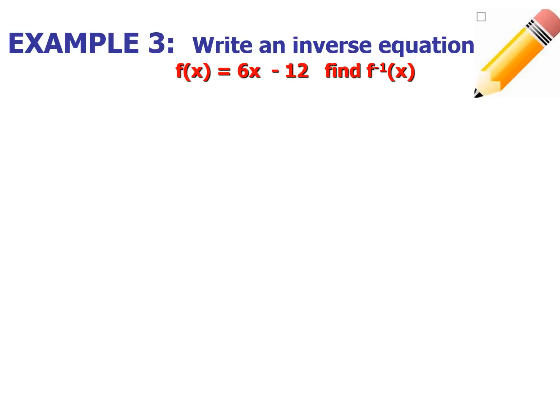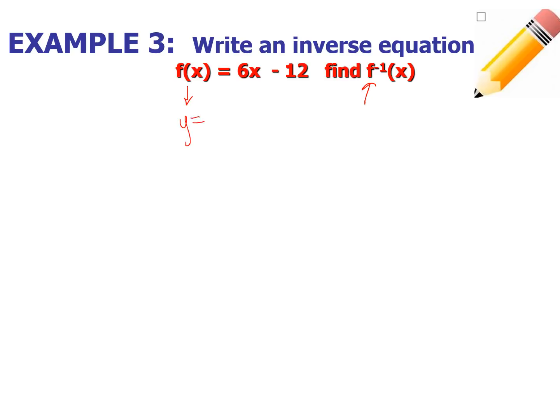So our function is f of x is equal to 6x minus 12, and we need to find the inverse. And I know, as much as I know about inverses, I have to switch the x and the y. That's what I've been saying repeatedly throughout the notes. So in this original function, remember how f of x is actually the same thing as y, right?